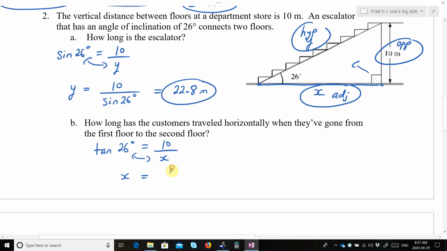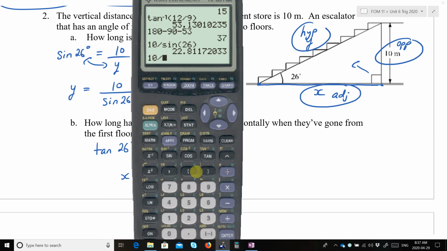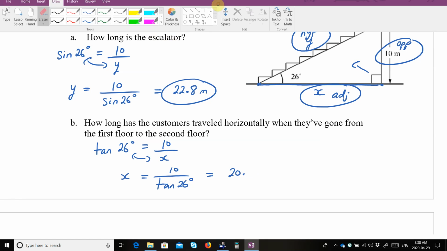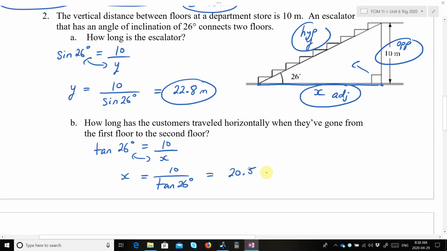So x is equal to 10 divided by tan 26, which is 20.5. Okay, 20.5 meters, and that is consistent with the answer key as well.